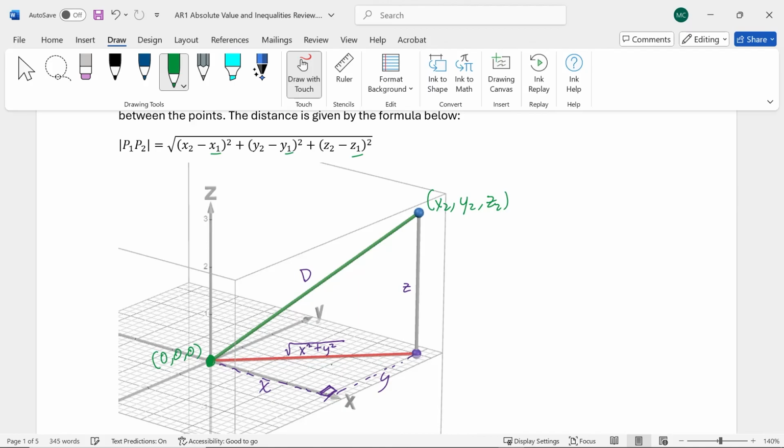Now, when we look at this triangle here, what we see is x squared plus y squared plus z squared is d squared. And so d is the square root of that.